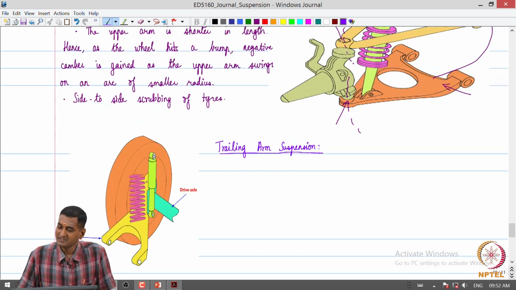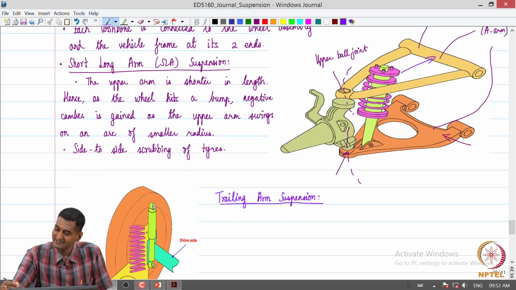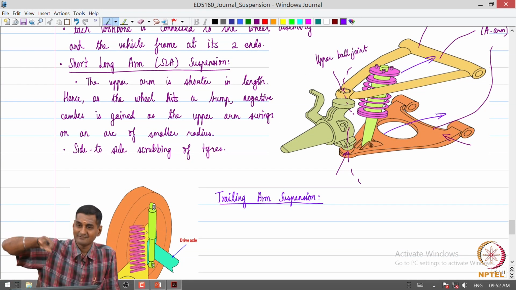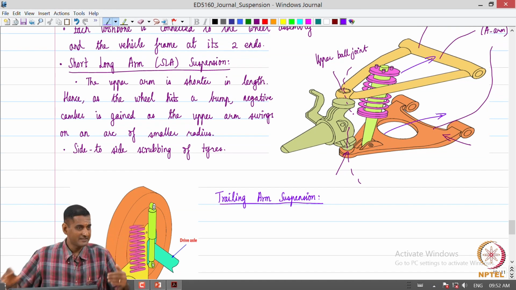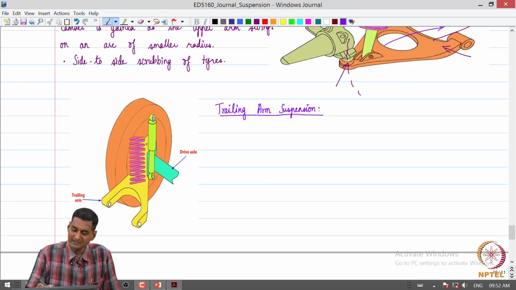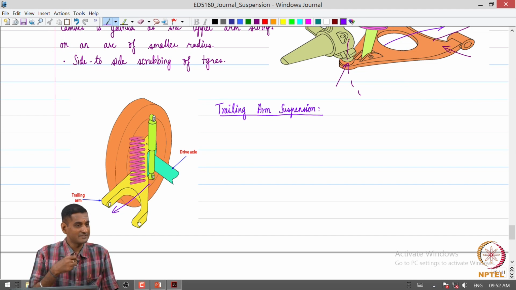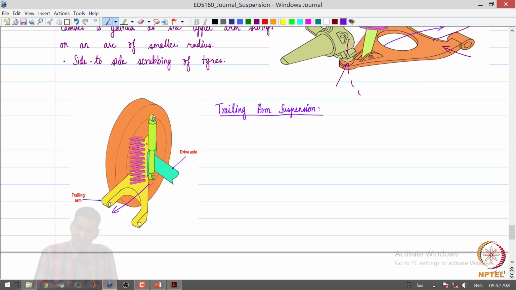If you recall, the wishbone essentially went into the vehicle from the lateral direction. The trailing arm goes along the longitudinal direction of the vehicle, and it connects to the vehicle body. That is what is called a trailing arm suspension.